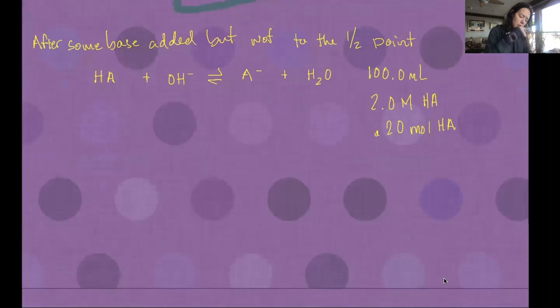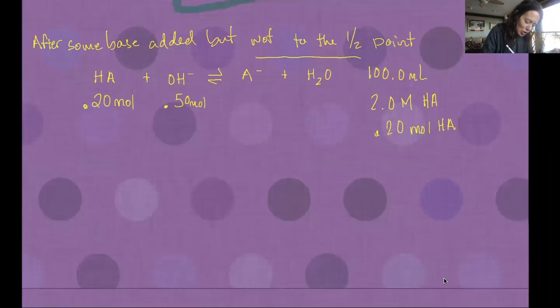Now I'm going to figure out how much hydroxide we're going to add. I want you to understand what I'm trying to figure out. If we are not to the halfway point, so the halfway point would be half, so if we're not quite there, we're anywhere below that. So let's make it 0.50 moles.